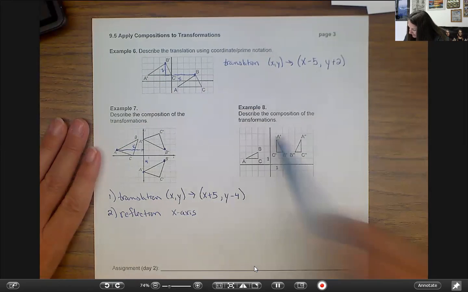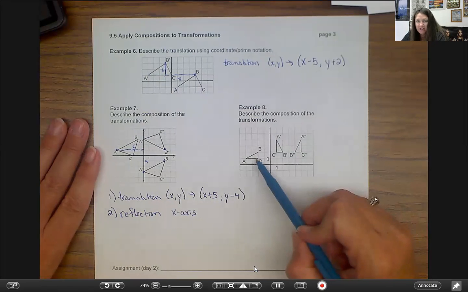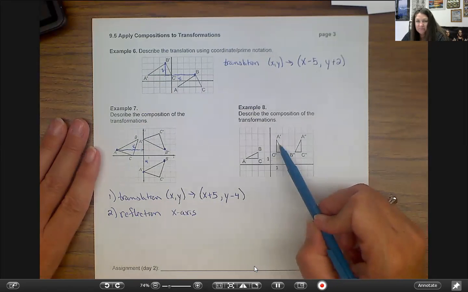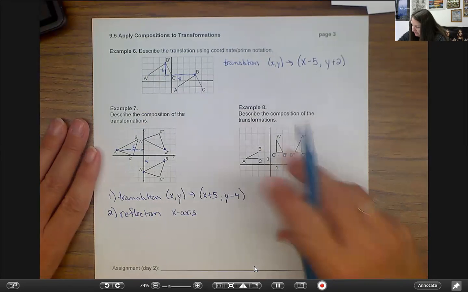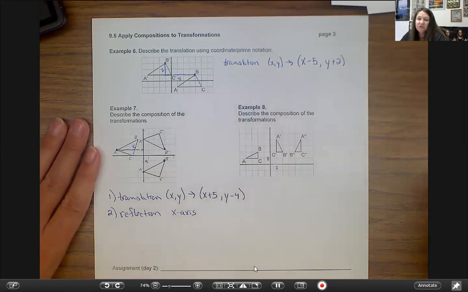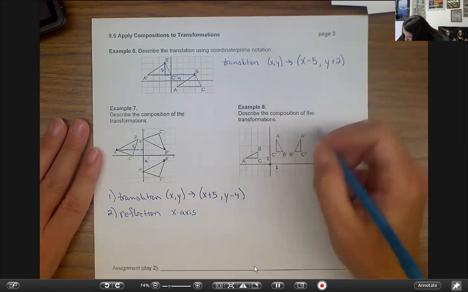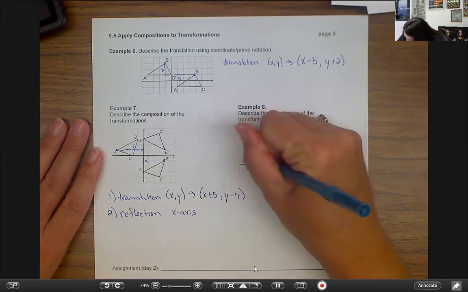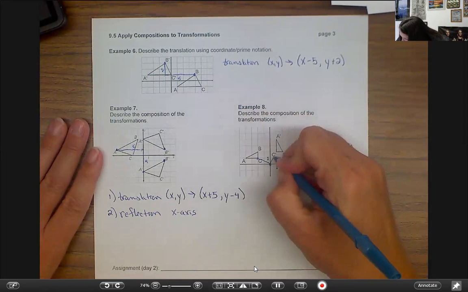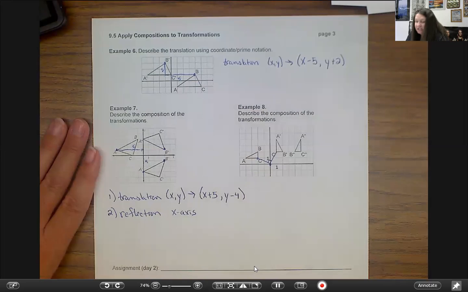Then looking at example 8, what I should notice is that to go from that original figure to A prime, B prime, C prime, that shape is turning, it's rotating. So pick out a common vertex, like C, and you would notice that the angle of rotation there is 90 degrees.